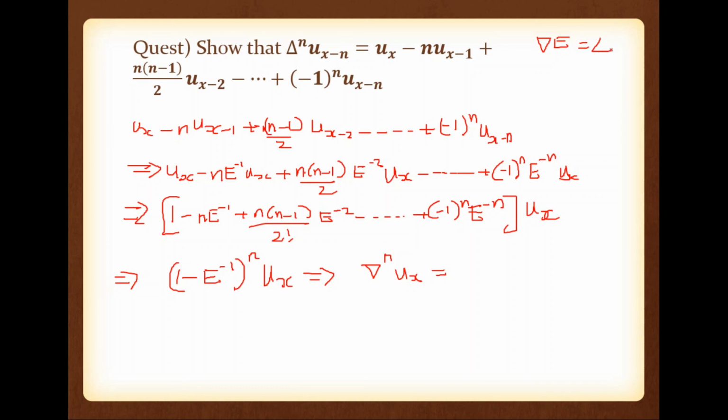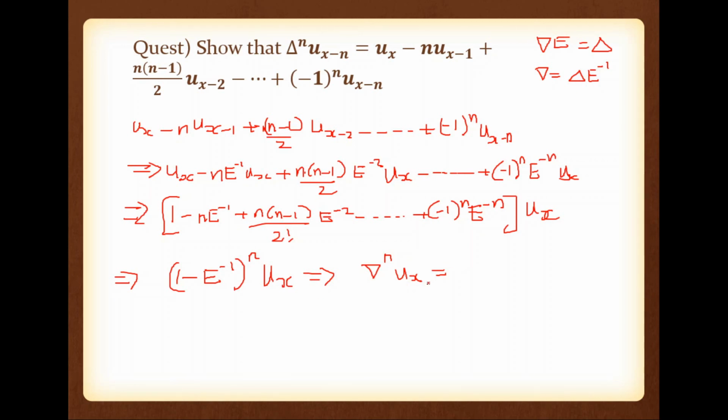Am I correct? So what is del? Del is equal to delta e raised to minus 1. Am I correct?